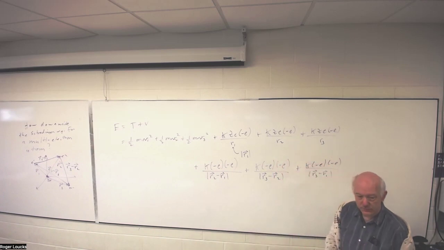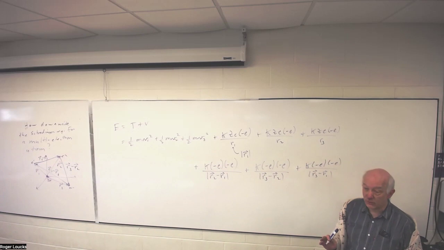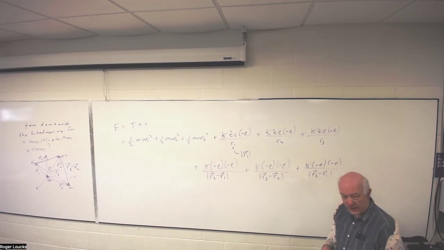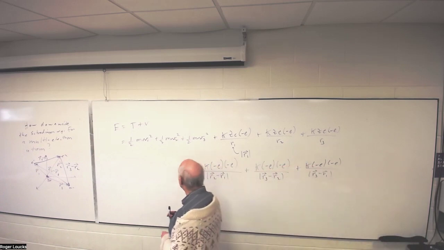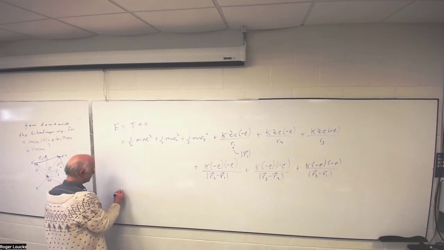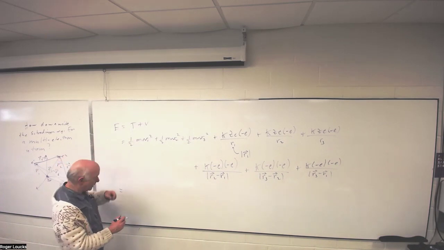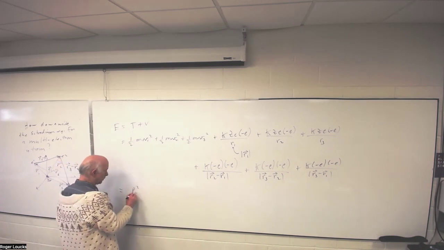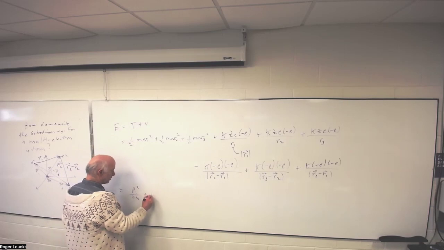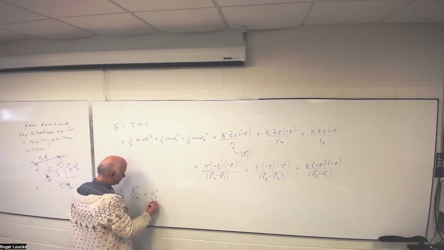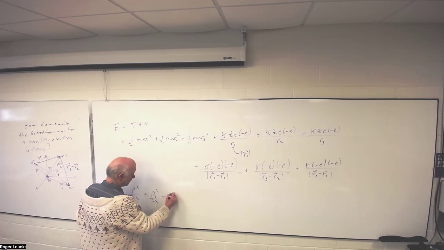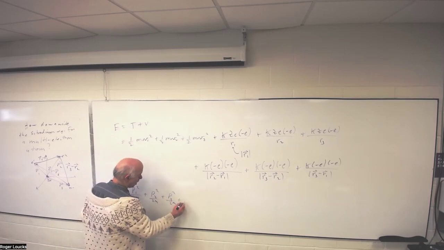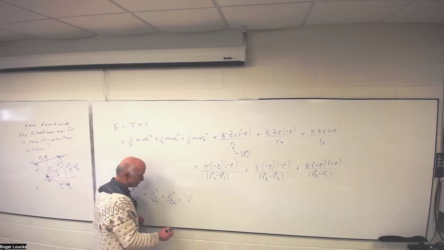Now what? This is so classical. How do you quantize that? Well, I'll put top and bottom by the mass. So this would become P1 squared over 2m plus P2 squared over 2m plus P3 squared over 2m plus all the V terms.